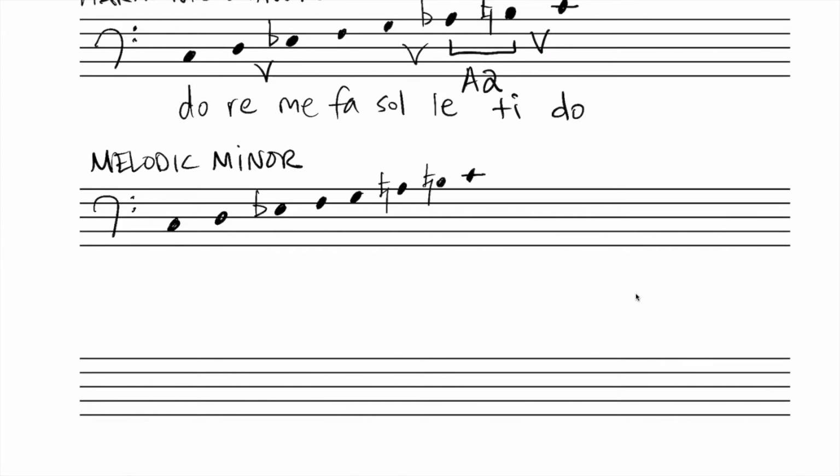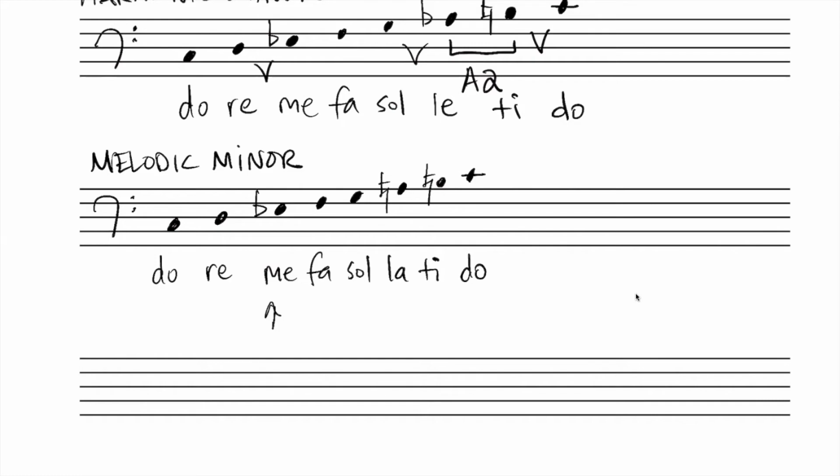The difference is, however, going up, it has a raised scale degree 6 and a raised scale degree 7. La, ti, do. So the only difference between melodic minor and the parallel major scale going up is scale degree 3.